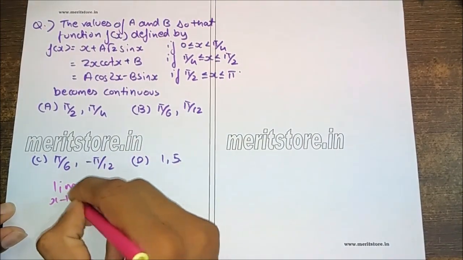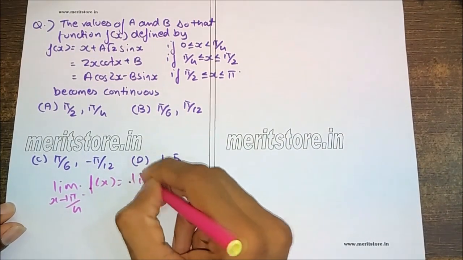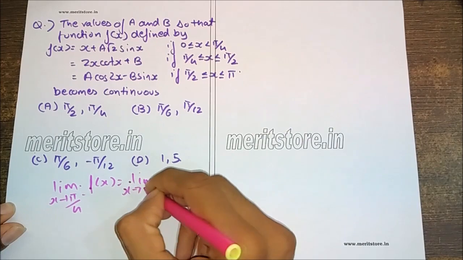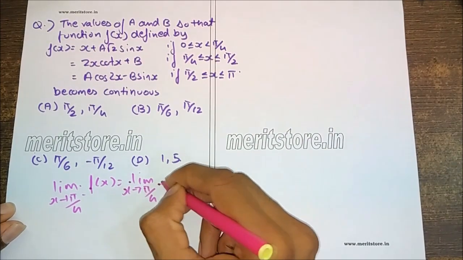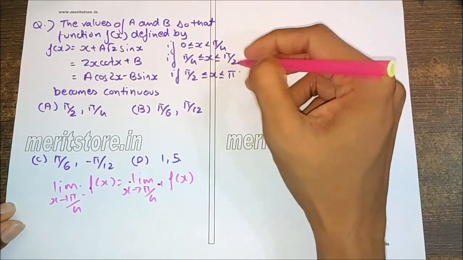Limit x tends to pi by 4 from the left hand side of f of x is equal to limit x tends to pi by 4 from the right hand side of f of x. Then we substitute the expressions.